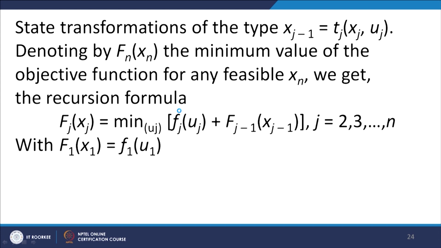We get the recursive formula fj(xj) is equal to minimum over uj of fj(uj) plus fj minus 1(xj minus 1), j goes from 2, 3 up to n, and f1(x1) is equal to f1(u1). So, exactly just as in the first example, the only difference here is that the constraint is in terms of a product instead of the sum.